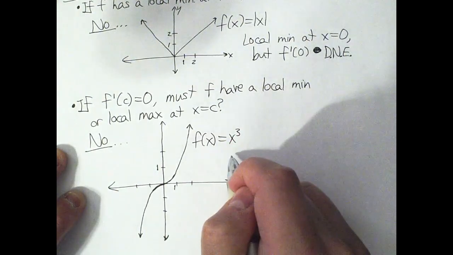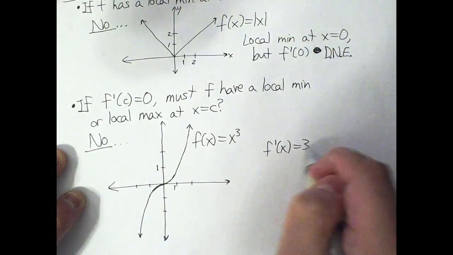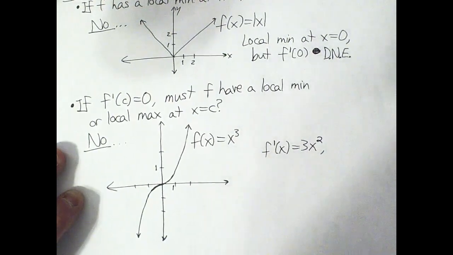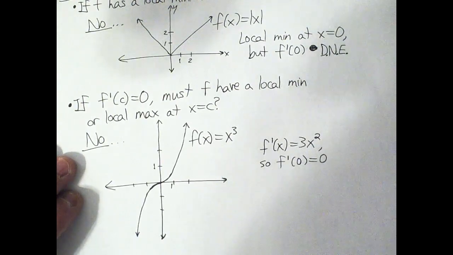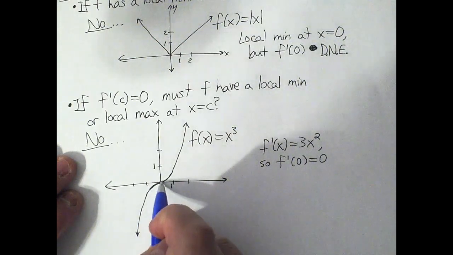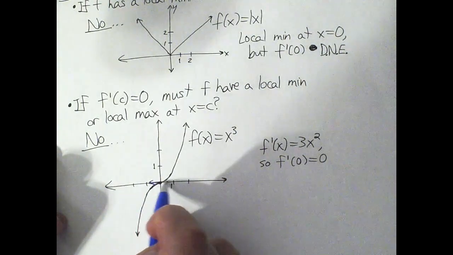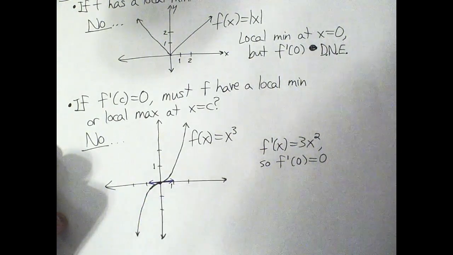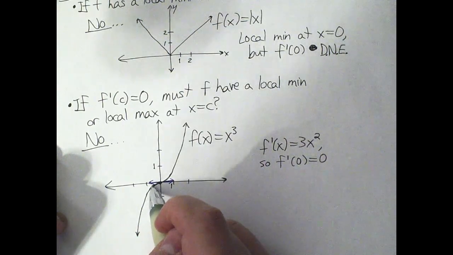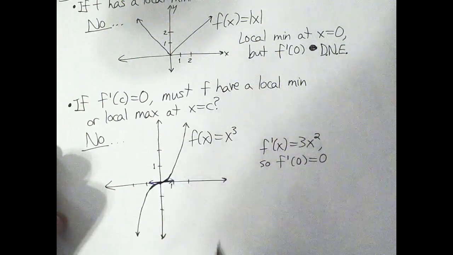From this function, notice that f prime of x is 3x squared, right? We know that derivative. So f prime of 0 equals 0. That means that if I drew this just right, we could look at 0, the origin, and draw the tangent line, and it would actually be horizontal. If you zoom in on the function right there, it looks like the curve goes horizontal just for a moment before it starts increasing again.